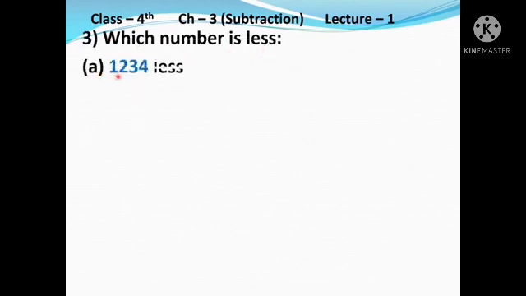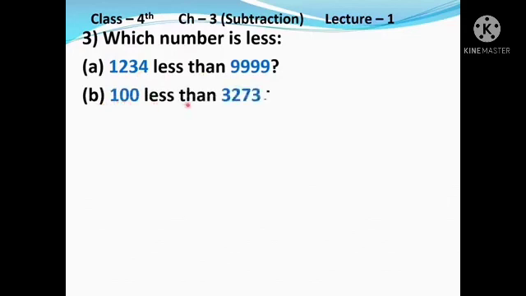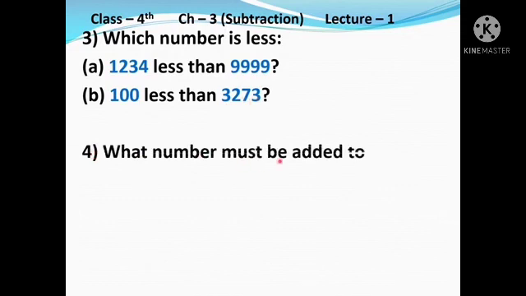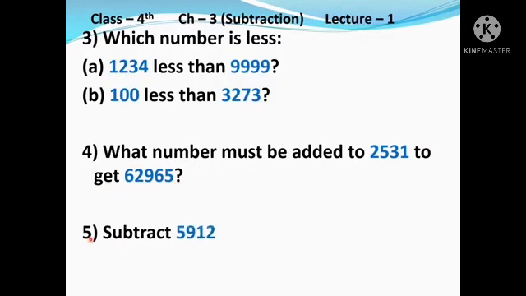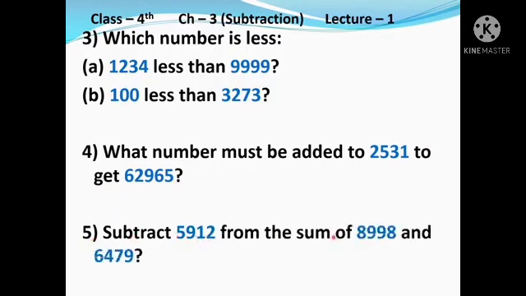A part, 1,234 less than 9,999. B part, 100 less than 3,273. Now, question 4. What number must be added to 2,531 to get 62,965? Now, question number 5. Subtract 5,912 from the sum of 8,998 and 6,479.